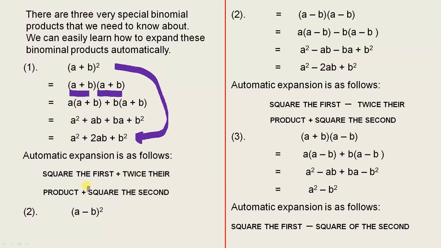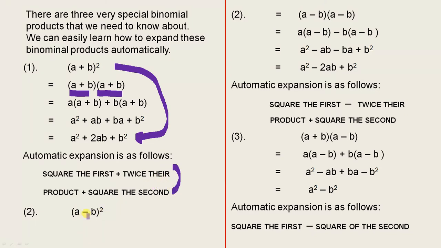Plus twice their product. That means you multiply them together to give you ab, and you double it. That gives you 2ab. That's twice their product. And the third section is square the second. So you square the b, which gives you b squared. So that is the rule that you use, the guidance, when you want to do it automatically.